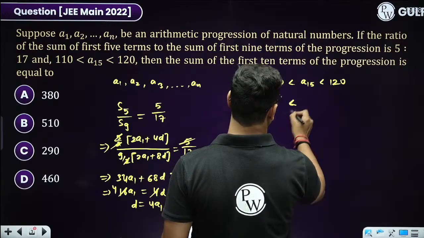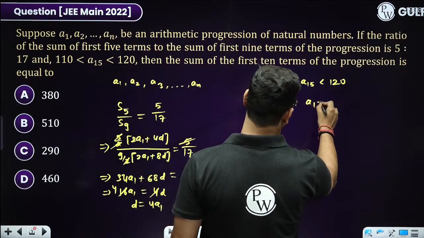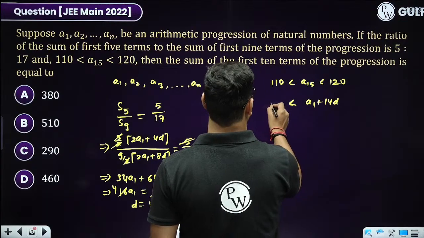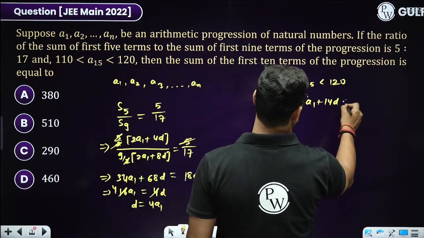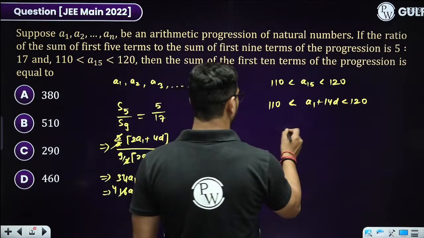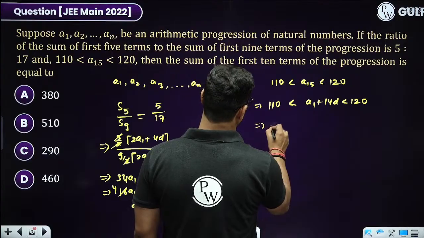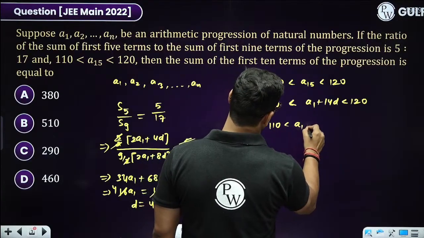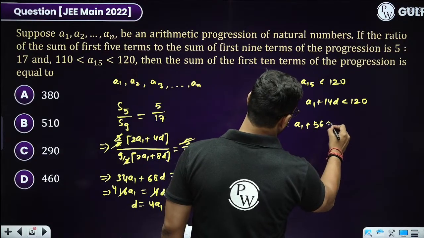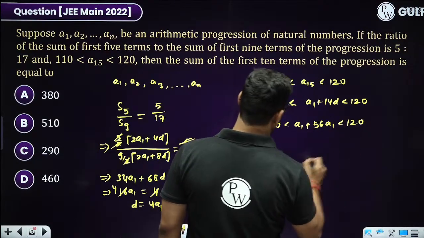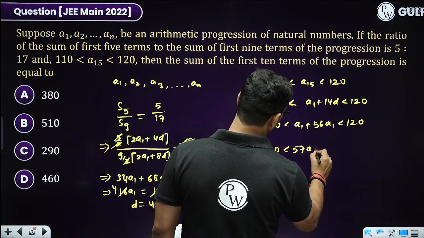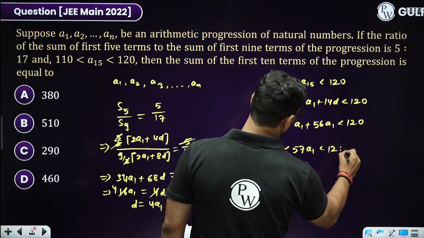Now we have one more piece of information, A15. A15 means A1 plus 14D. Correct? We have 110 and 120. So this is 110 less than A1 plus 14 times 4A1, that is 57A1, less than 120.